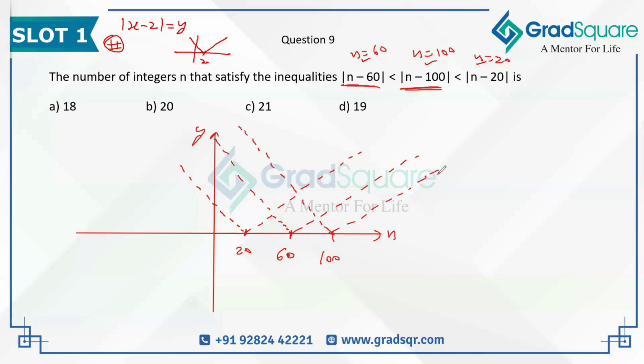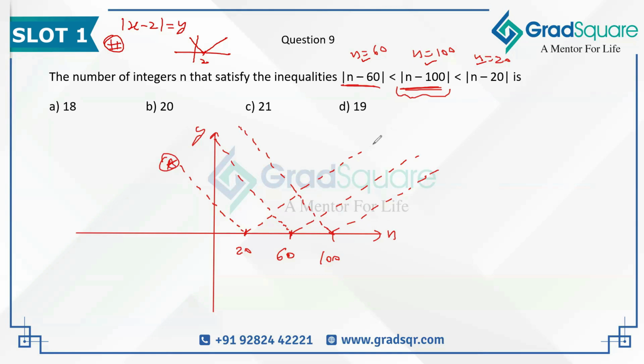Now observe something very carefully. They're saying the value of modulus of n minus 100 should lie between modulus of n minus 60 and modulus of n minus 20. Modulus of n minus 60 should be on the lower side, and modulus of n minus 20 should be the highest. Where is the n minus 20 graph? This is the n minus 20 graph, correct?